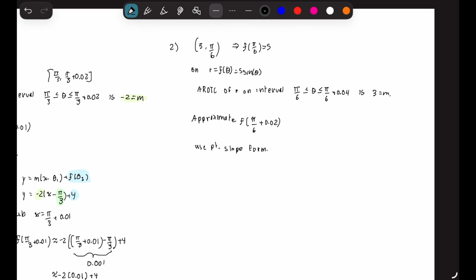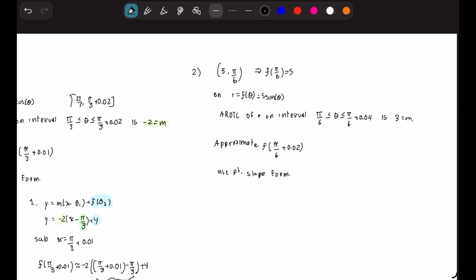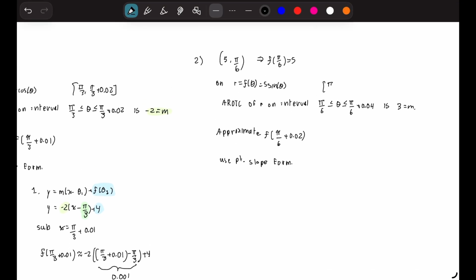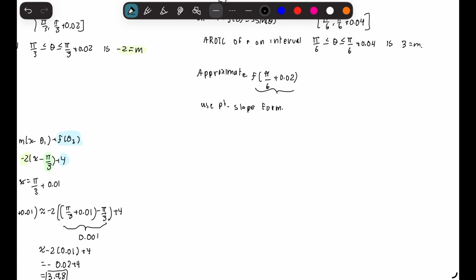So how you do this is similarly we can write this as pi over 6 plus 0.04, and we want to find this.